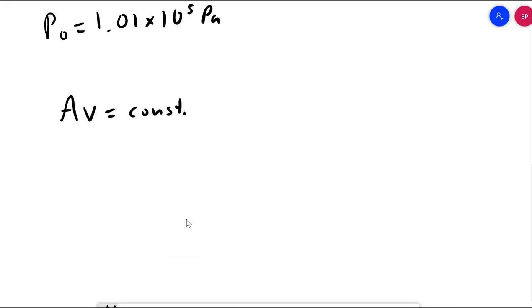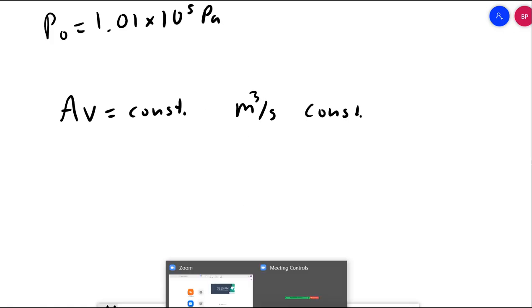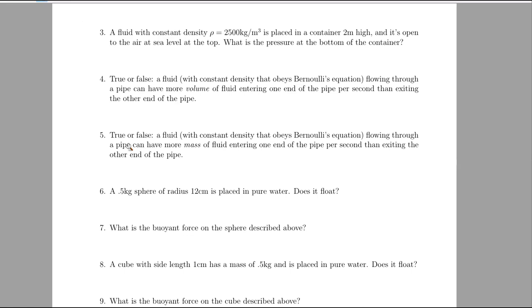So this is another way of saying that the volume of fluid coming in per second is constant. So if there's 1 cubic meter coming in per second on one side of the pipe, it also has to leave at any other place later in the pipe. So that is false.